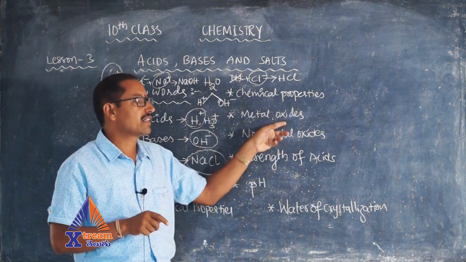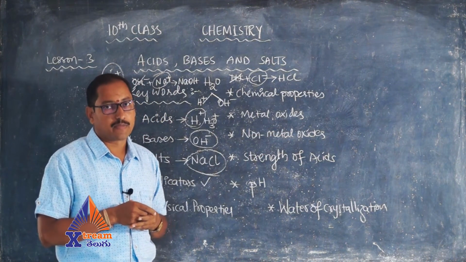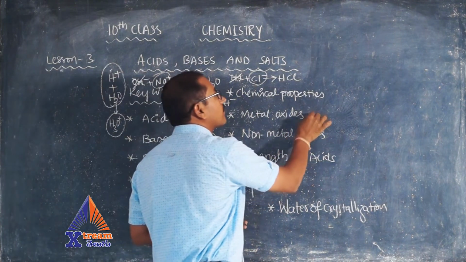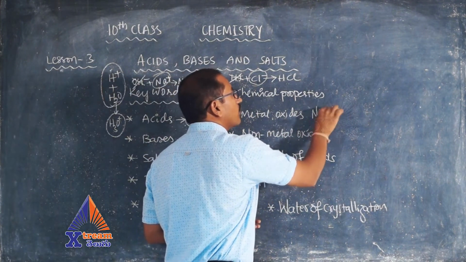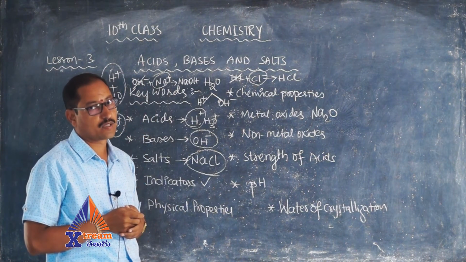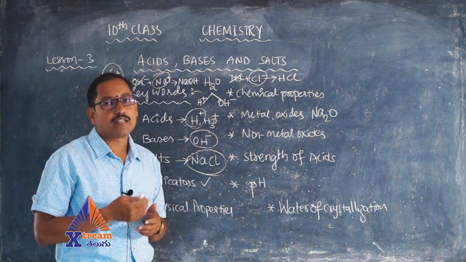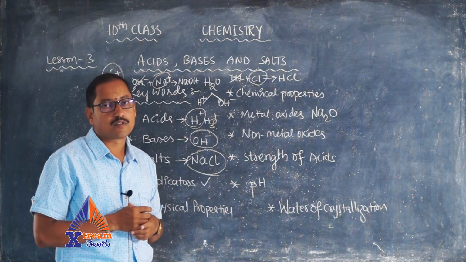Next, metal oxides. Oxygen compounds of metals are called metal oxides. For example, sodium oxide, Na2O. It is a metal oxide. Non-metal oxides. Oxides of non-metals are called non-metal oxides.